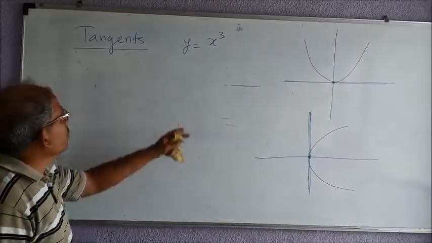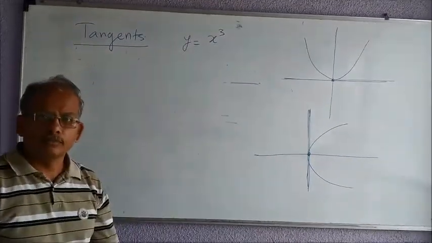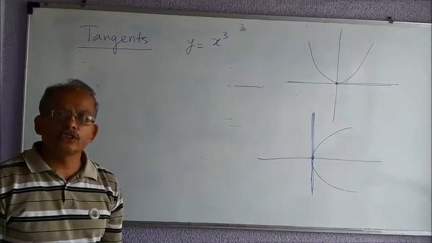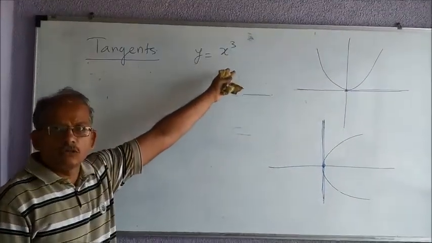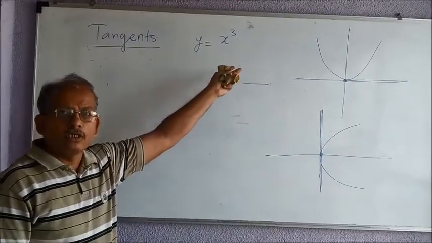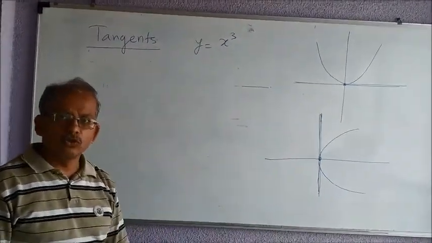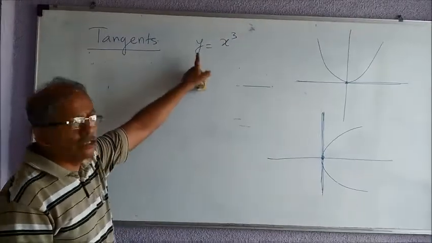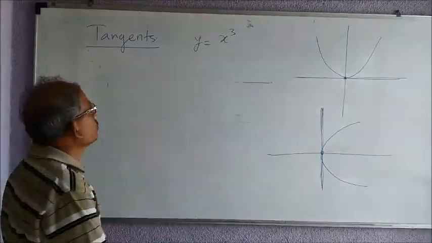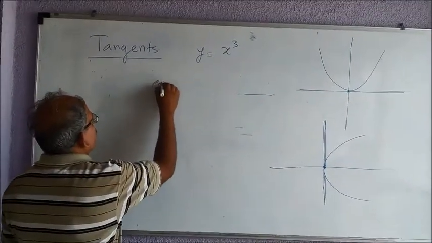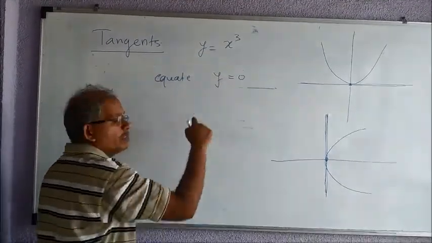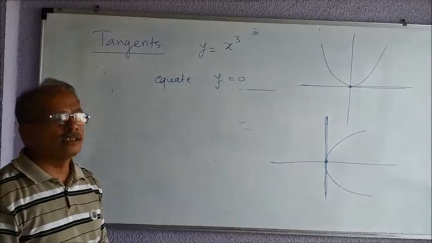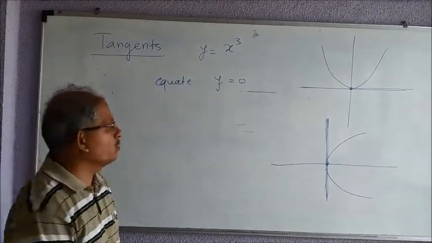First we will determine whether this curve passes through origin, then we can determine the tangent at origin. Since origin 0 comma 0 satisfies this equation, this curve definitely passes through origin. Now the lowest degree term is y. So if I equate y equal to 0, that means the x-axis will be the tangent to this curve at origin.